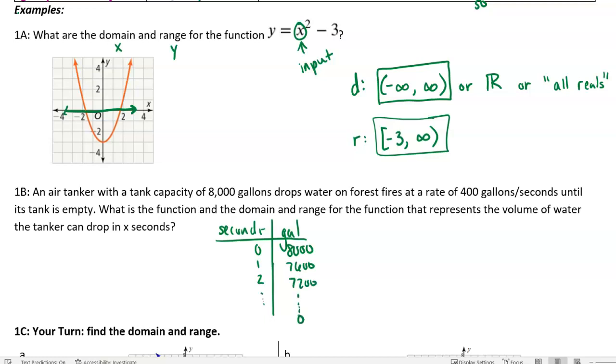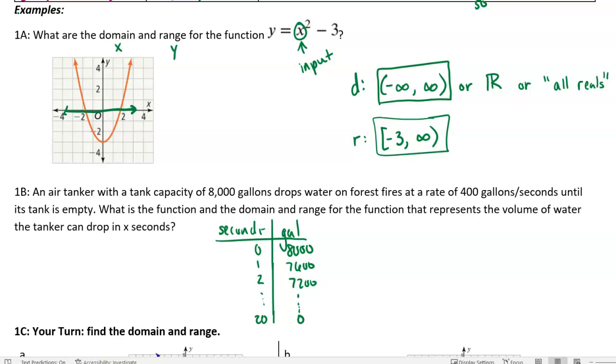Our goal is to figure out when it's going to be empty. So I could take that 8,000 gallons and divide it into 400-gallon chunks. 8,000 divided by 400 gives us 20 seconds. So it would take 20 seconds for there to be no more water left in that tank.